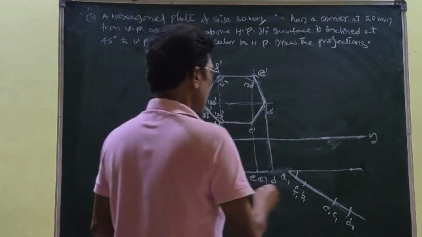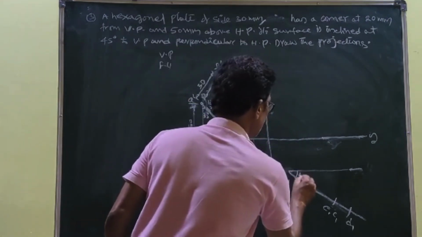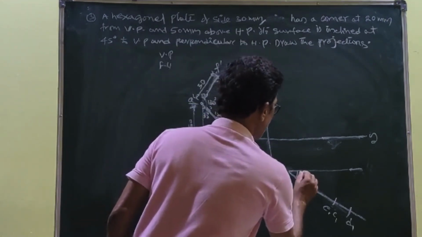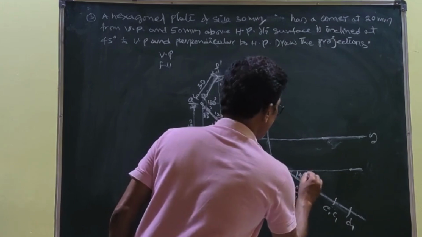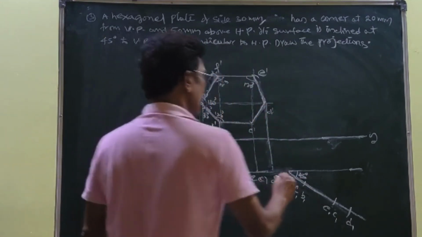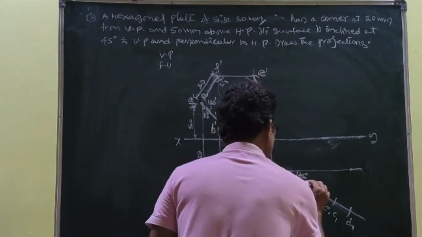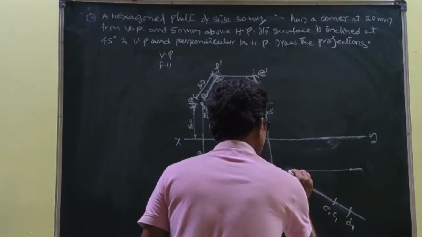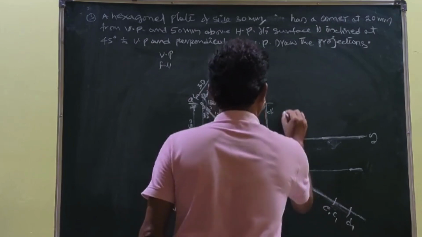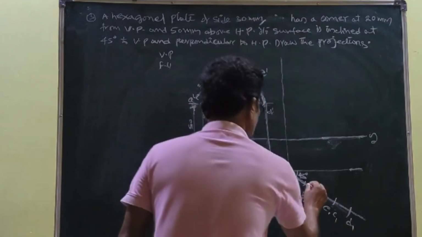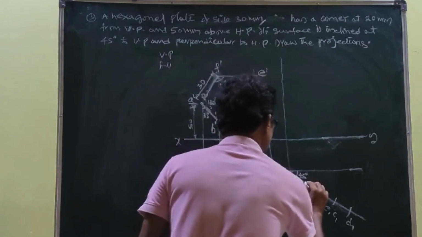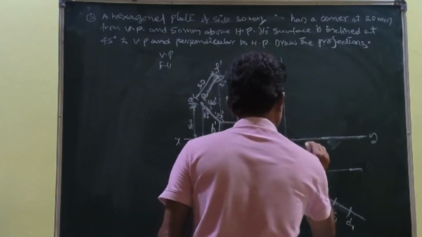Next, what you have to do, this angle is 45 degrees. Here, you draw a projector. A dash, you draw a projector. Here also, F dash, B dash, you draw a projector perpendicular to the XY line.